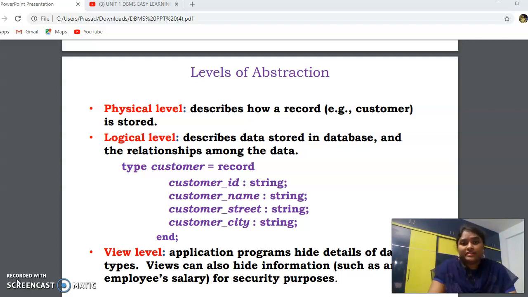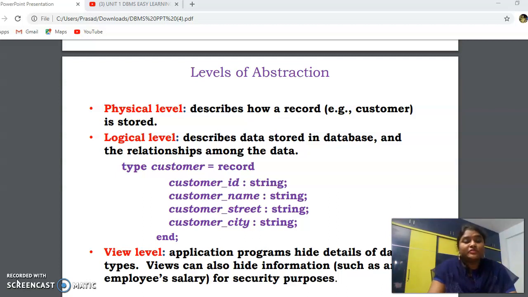This type of maintaining levels is known as abstraction, and this abstraction is maintained in the form of levels. There are three levels. First one is physical level, second one is logical level, and third one is view level.